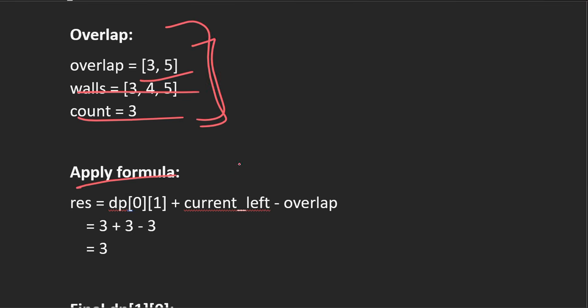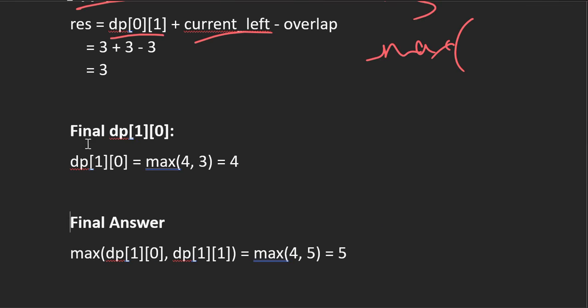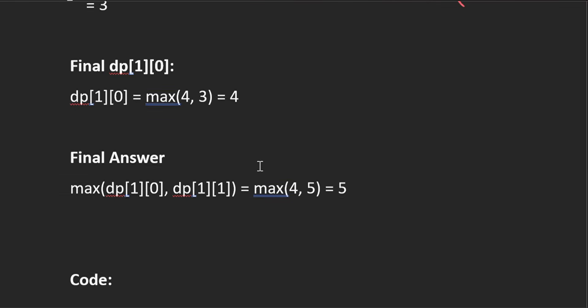So the formula is the previous right, that is 3, plus the current left, 3, minus the overlapping 3, so total 3. So we take the maximum of 3 and 4, right? For the left direction we have two cases, so we take the maximum of 4 and 3, and so we store 4 as the answer.